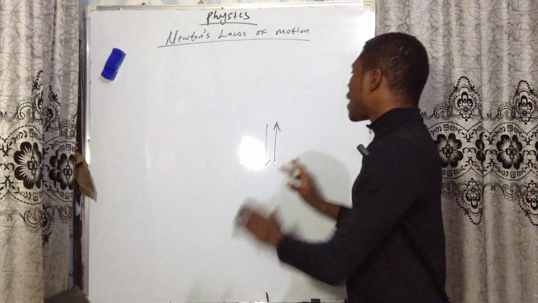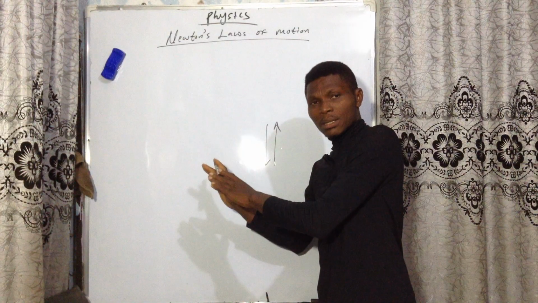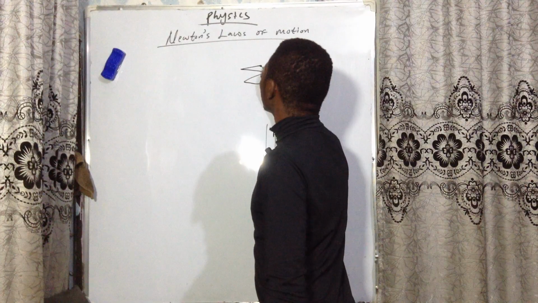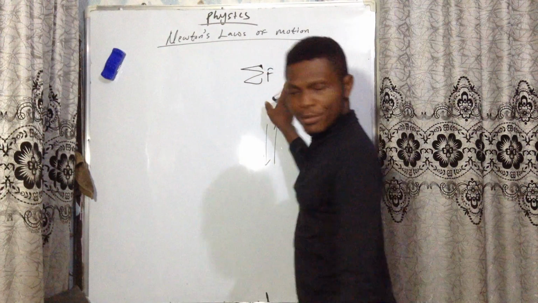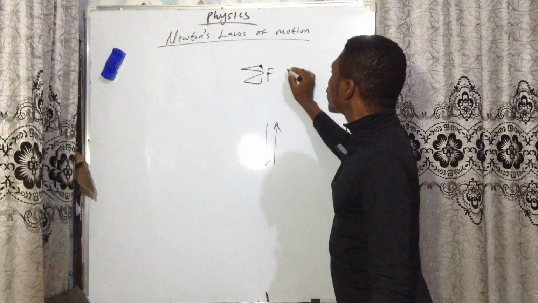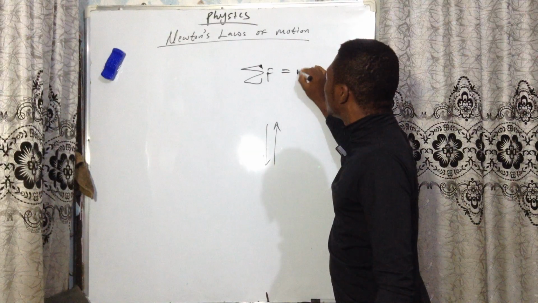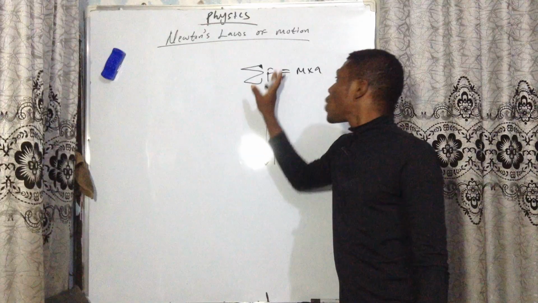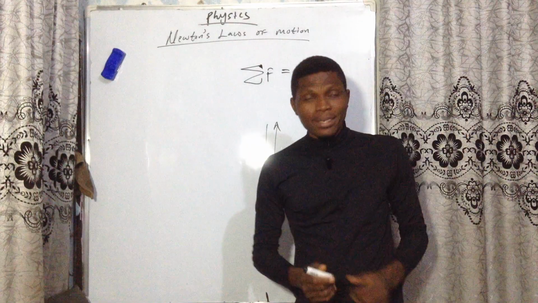So when you now apply a force on something, we are talking about the resultant force here. That is summation F. Okay? Now, the resultant force is equal to what? Mass times acceleration. This is a vector equation. That is, you add the forces vectorially.